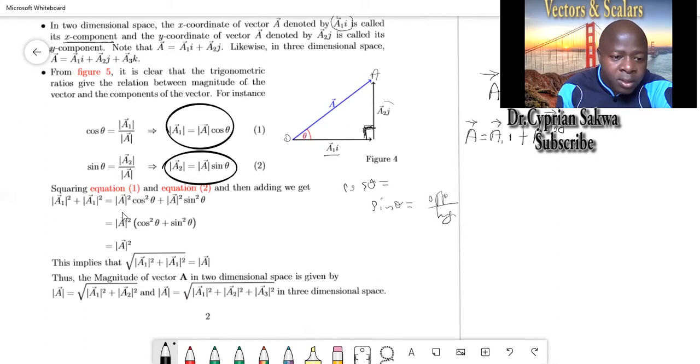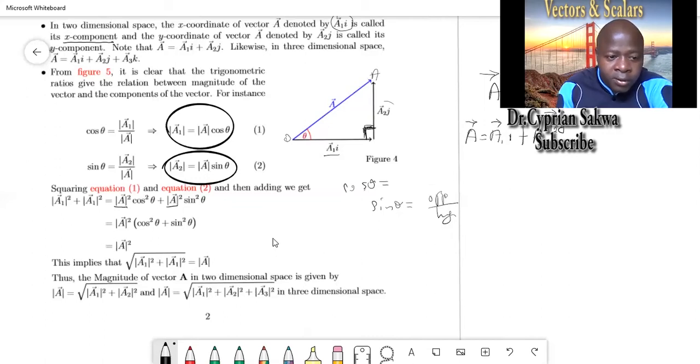At this point, you realize that this is common, so you can factor it out, and you would have the magnitude of A squared times cos squared theta plus sin squared theta, and this equals 1. So the right side becomes the magnitude of vector A squared.